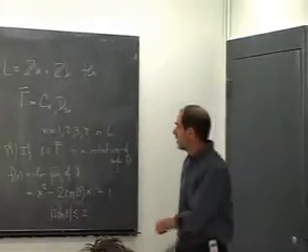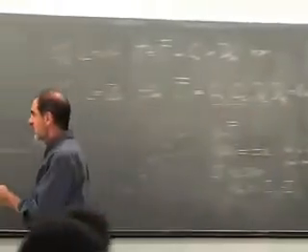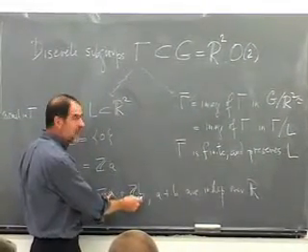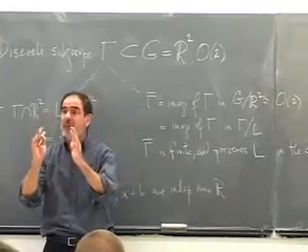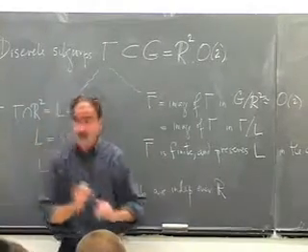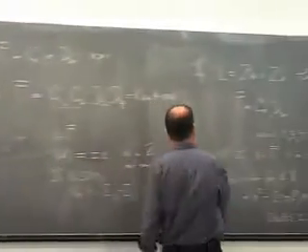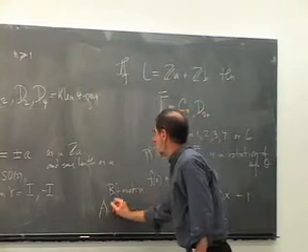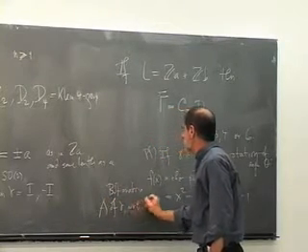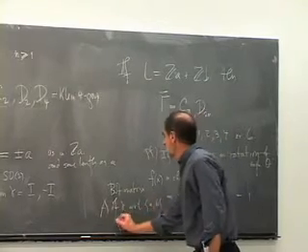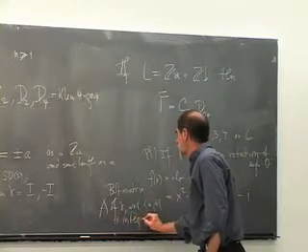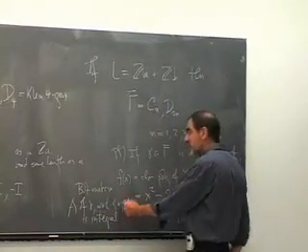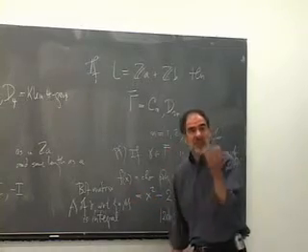On the other hand, since gamma preserves this lattice, then we can write down the matrix of gamma with respect to the bases A and B of this lattice, and the 2 by 2 matrix of gamma has to be integral. Doesn't just have real entries, it has integer entries, because it takes A to an integer multiple of A plus an integer multiple of B, and B to, right? Therefore, its trace is an integer.